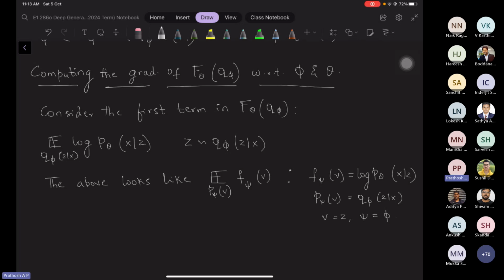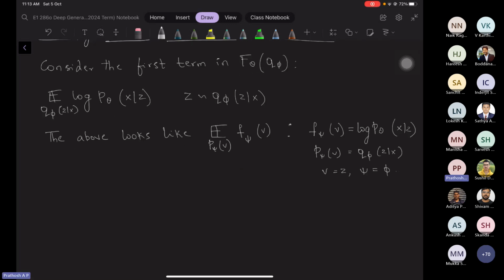Hello, am I audible? Okay, fine. Yes, sir. So what we need now is the gradient of this expectation, and this gradient has to be with respect to the parameter psi, correct? This is what we are seeking.